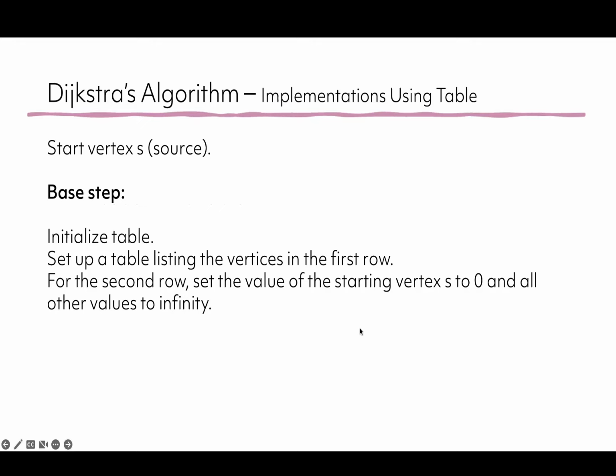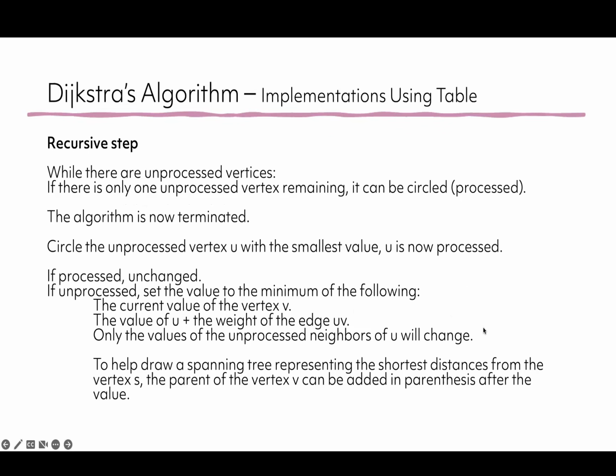The base step is to initialize the table by setting the value of the starting vertex to 0 and all other values to infinity. The recursive step: we update the estimates and then we pick the next vertex with the least value.